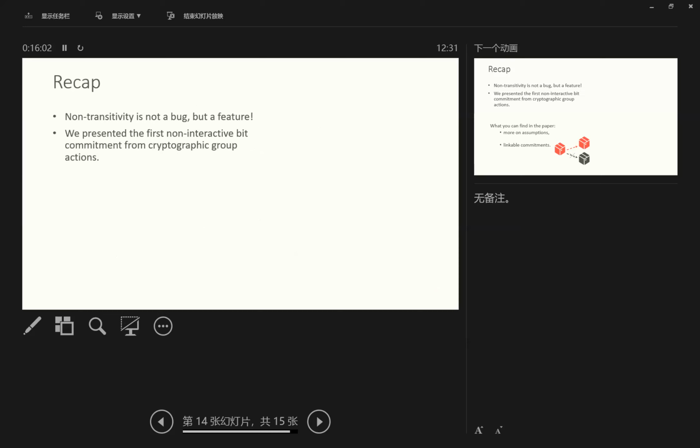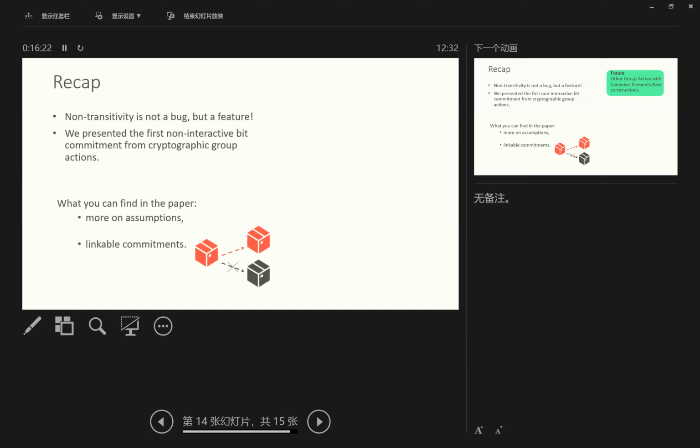Okay, so to recap, we showed that non-transitivity is not a bug but a feature, because our construction heavily relies on the non-transitivity of the action. And we presented the first non-interactive commitment from group actions. In the paper, you can find more on assumptions and the concept of commitments.